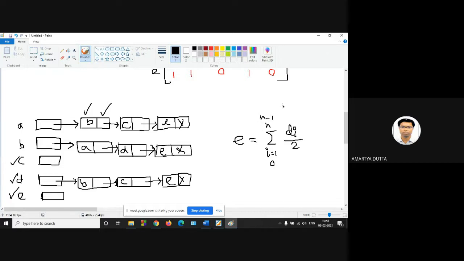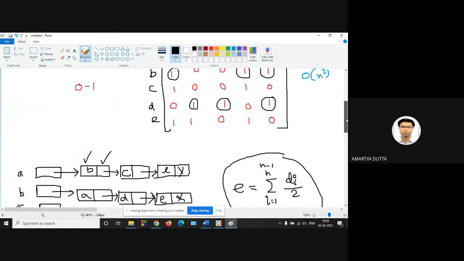Okay, so this is the main formula. This is the relationship between the number of edges and the degrees.